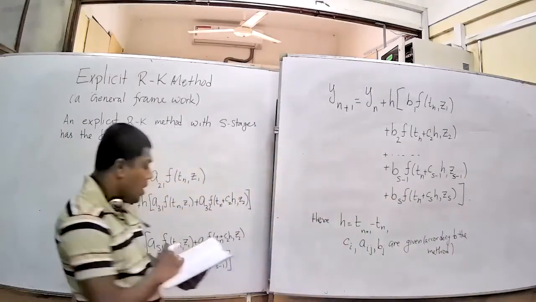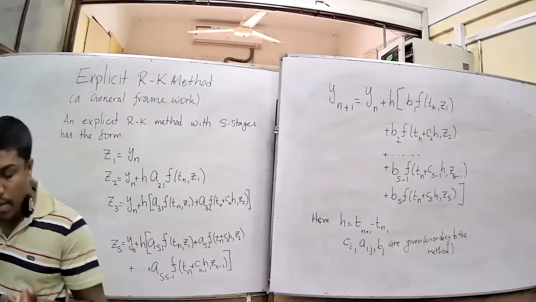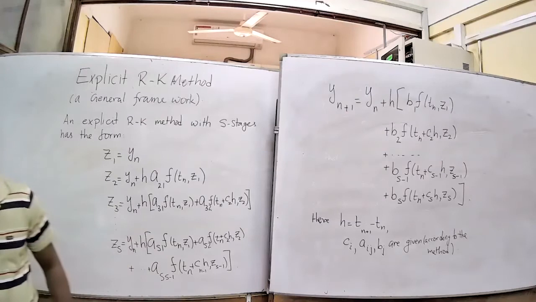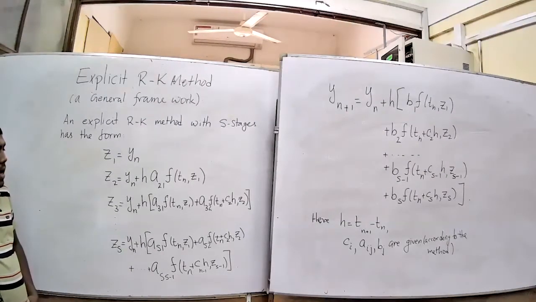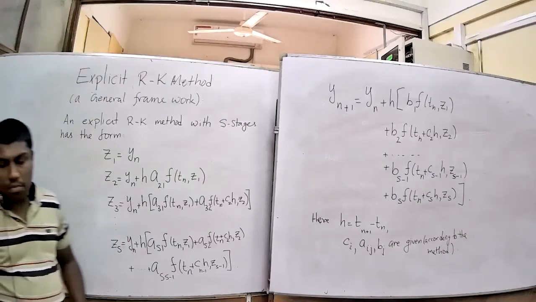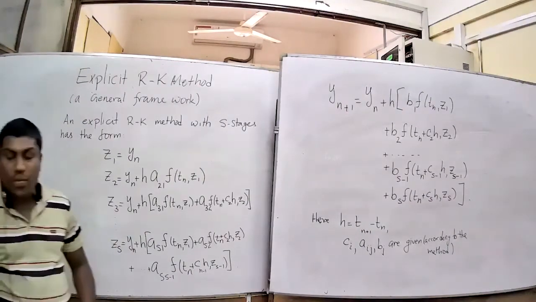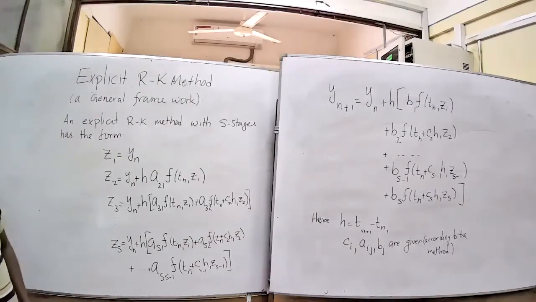Okay, so this is how we define the Runge-Kutta method in general, right? So these are coefficients, Aij's, Bj's, Ci's are given, right? And the way the coefficients are given define different types of numerical methods or different types of Runge-Kutta methods, right?